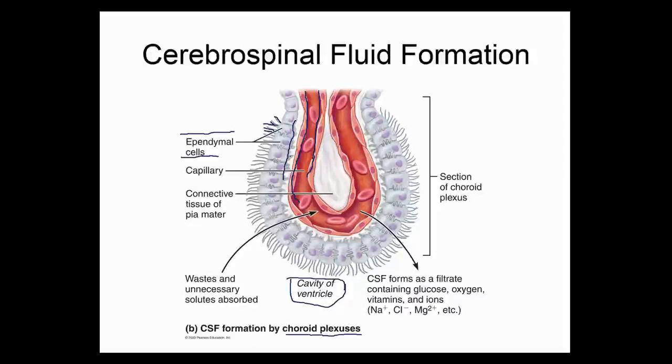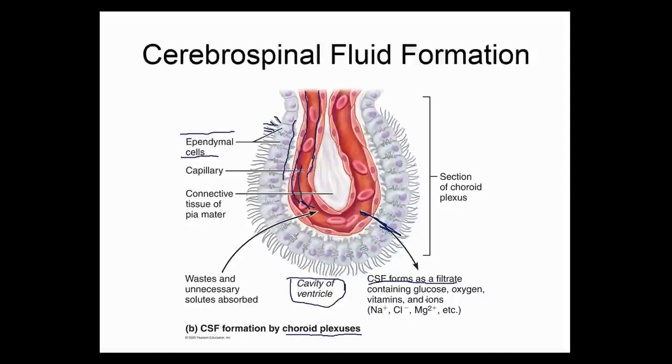So basically what happens is plasma from the capillary filters into the ependymal cells. So the plasma comes through the capillary into the ependymal cells that basically add the fluid to it.